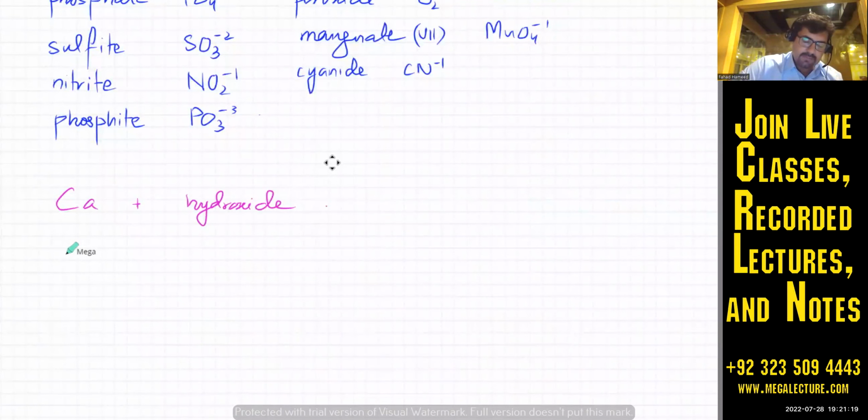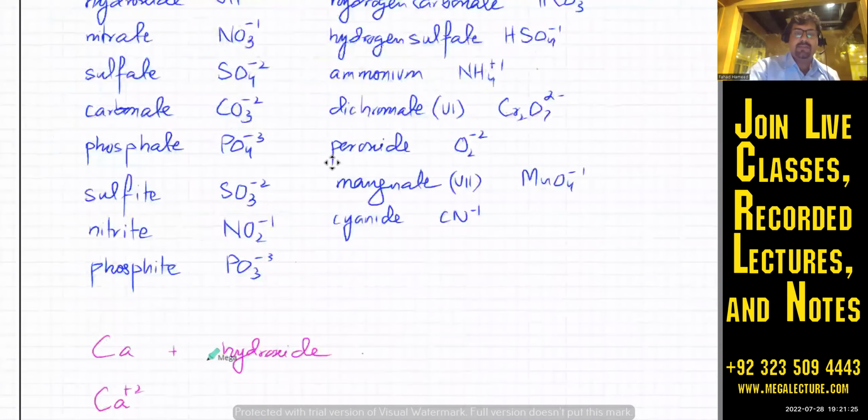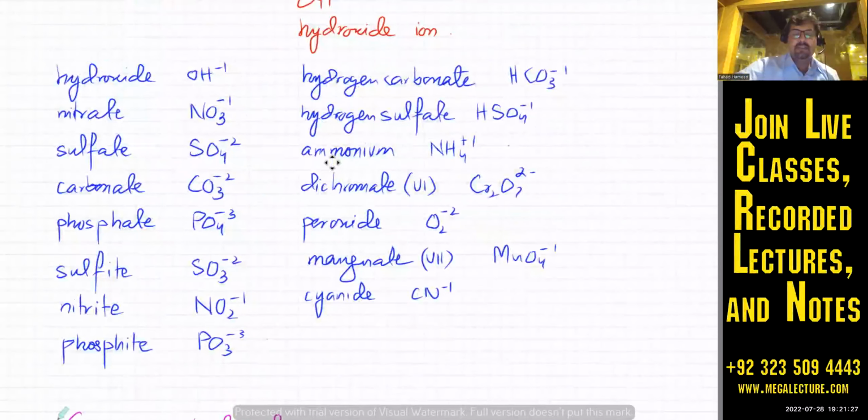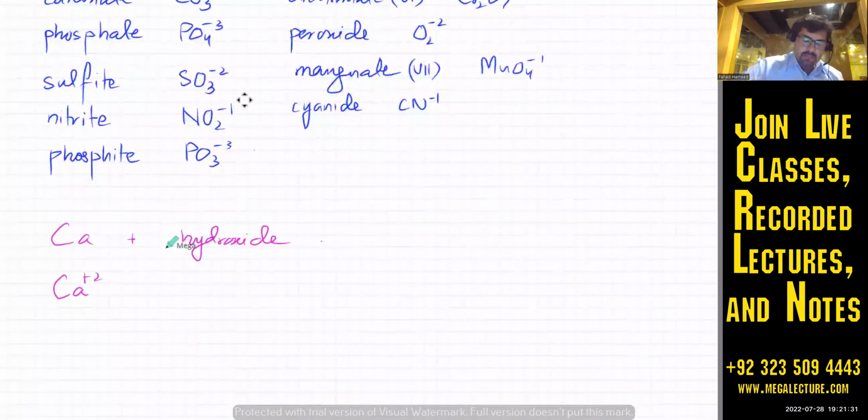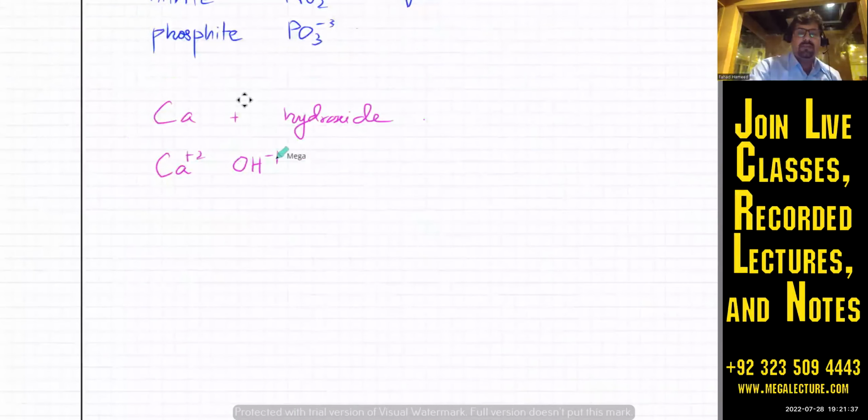Calcium is group 2, so I know it's +2. Hydroxide, we just did hydroxide. Hydroxide was the first one. That's OH and it's got a charge of -1. So what will happen? Do crisscross. There's a positive ion attached to a negative ion.